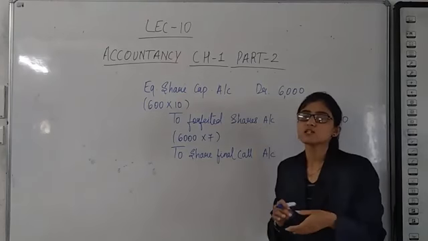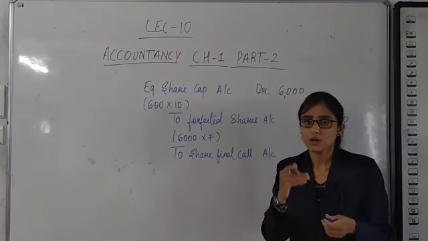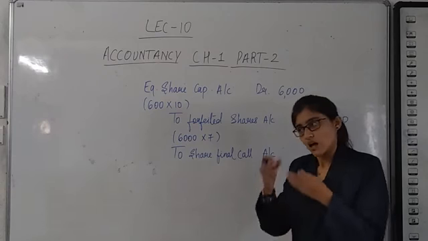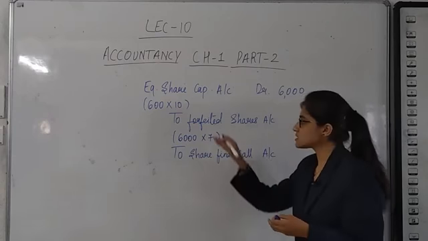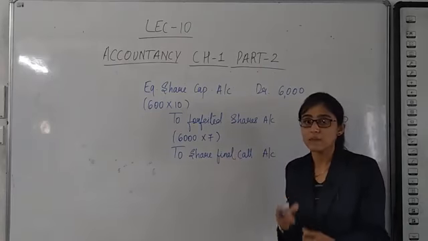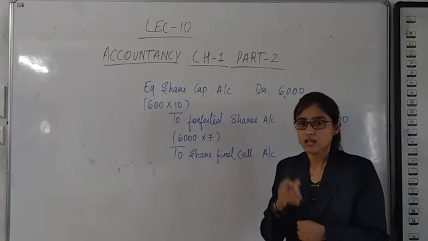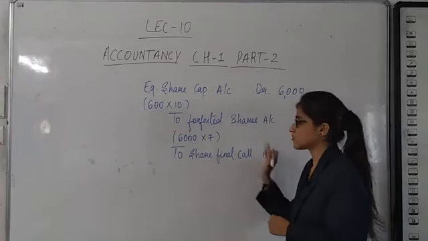You don't have to write separately whatever the company receives. Every amount that is received is included here. You don't need to mention it separately. What you are going to mention separately is the amount that is not received. And the amount which is not received here is our final amount.